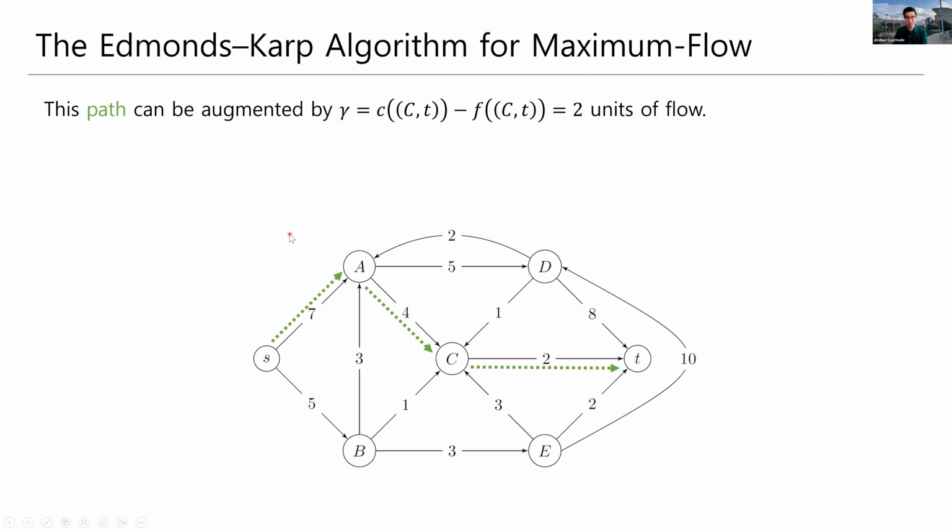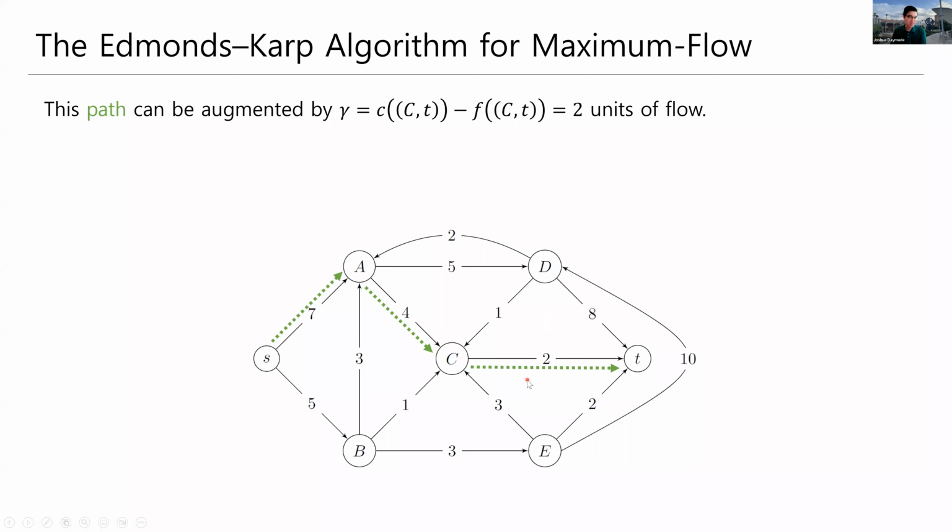This is the minimum of the following. So notice these are all forward edges. So here we're comparing 7 minus 0 flow to 4 minus 0 flow to 2 minus 0 flow. The smallest over all of these things is 2. Now that's very mathematical, and that's how we figure out that gamma is 2.